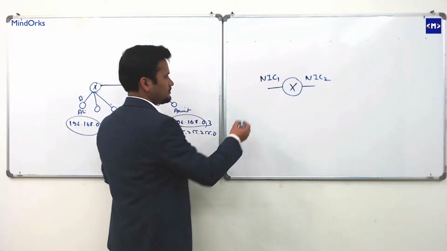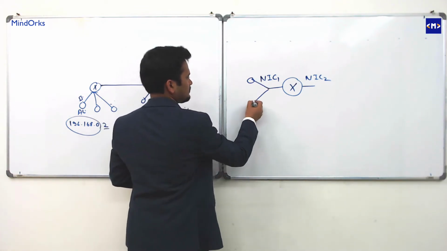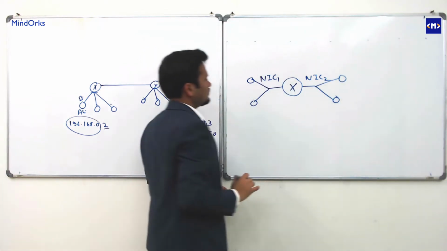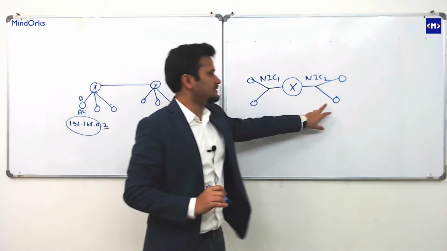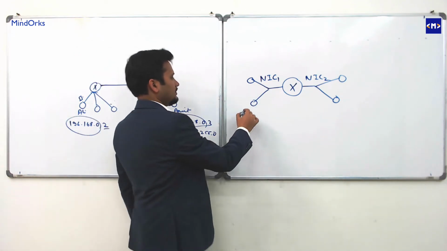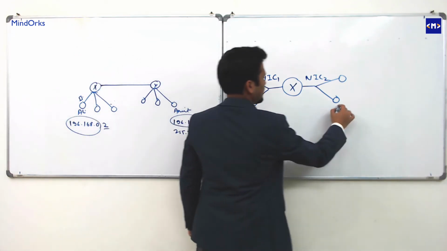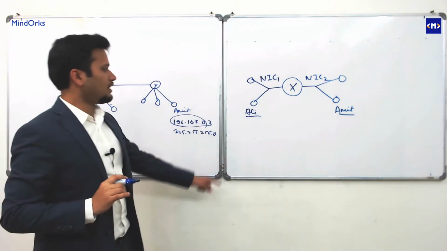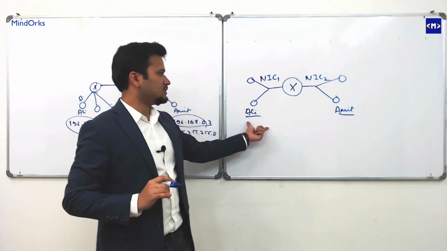Suppose this is my network, and this was Amit's network. I'm here, Amit is here. Now I have to send this to Amit.